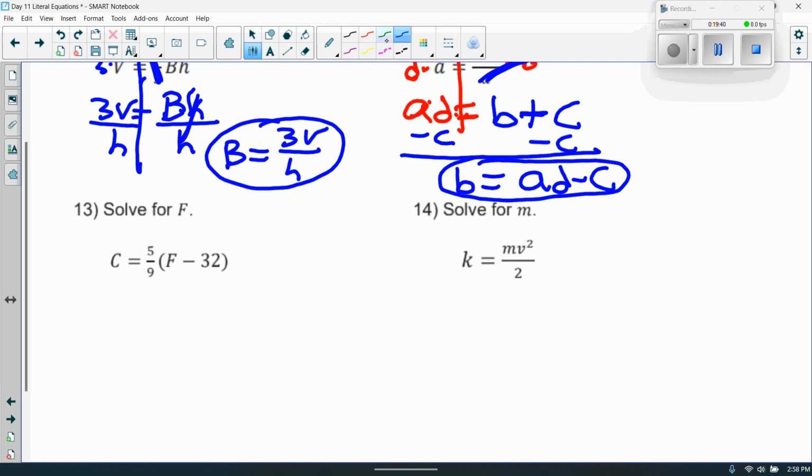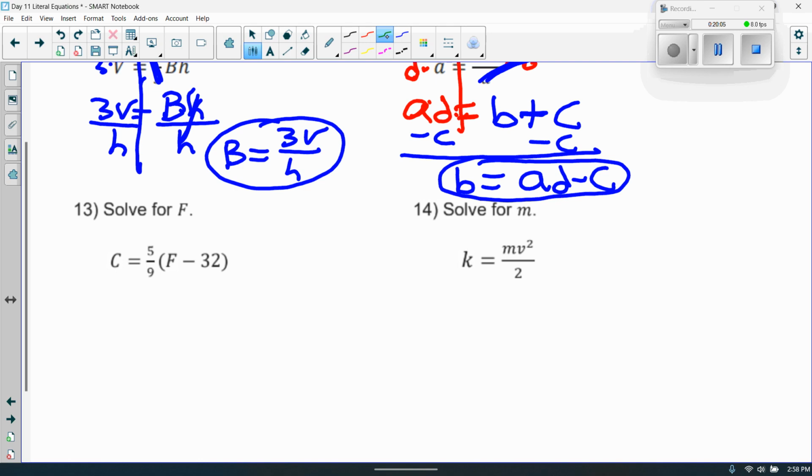Okay, so for 13, it does 5/9, and also if you're wondering, this is the actual formula for converting Fahrenheit into Celsius. So some people say, well, let's distribute the 5/9 in. That's actually going to add an extra step to us. So why distribute when you don't have to?